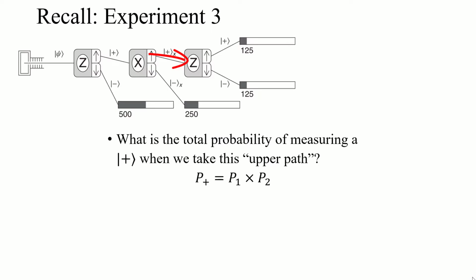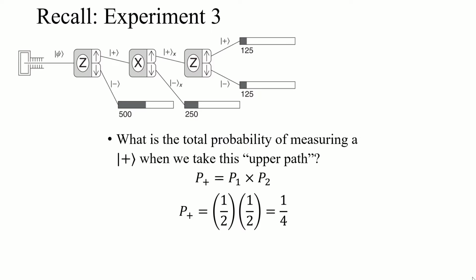The probability of that state then going into the Stern-Gerlach analyzer in the z direction and coming out as spin up again was 1/2. To get the total probability, we just multiply those probabilities together, and we get 1/4 of the initial particles that go in that first beam come out that way, and that's what we saw.